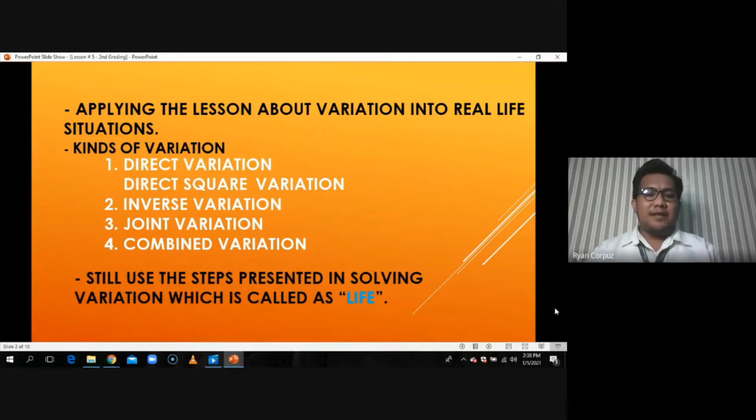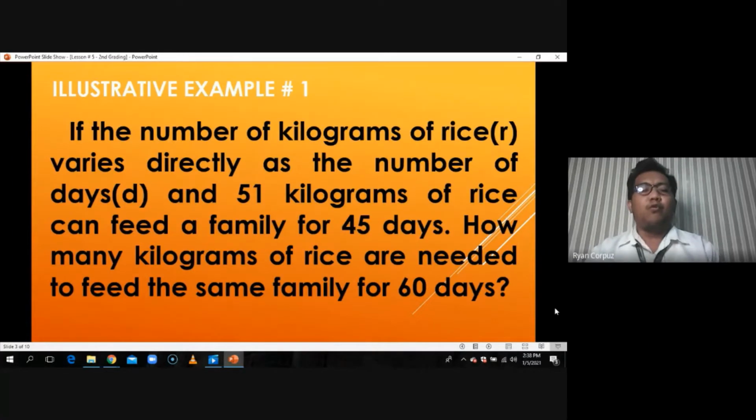So now, let us answer examples involving real life problems about variation. Let's have example number 1. Let me read the problem first. If the number of kilograms of rice represented by small letter R varies directly as the number of days represented by small letter D, and 51 kilograms of rice can feed a family for 45 days, how many kilograms of rice are needed to feed the same family for 60 days?